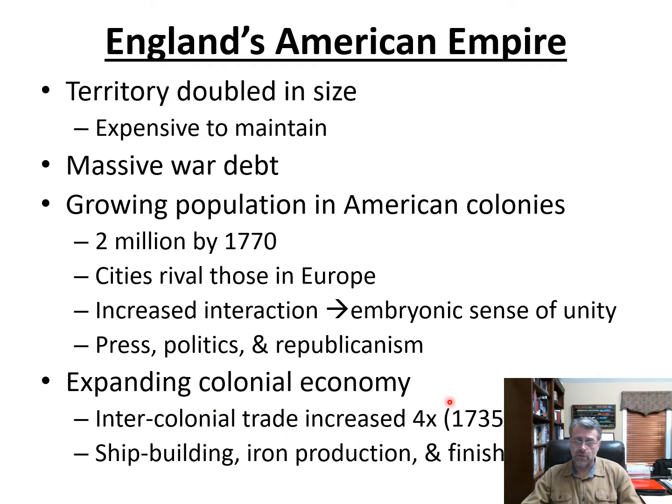By the time we get to the mid 1700s, we're going to see that, well, between 1735 and 1775, a period of about 40 years, trade between the colonial North America and England is going to double. And then in that same period of time, trade among the colonies, the colonies trading with each other, is going to increase 400%.